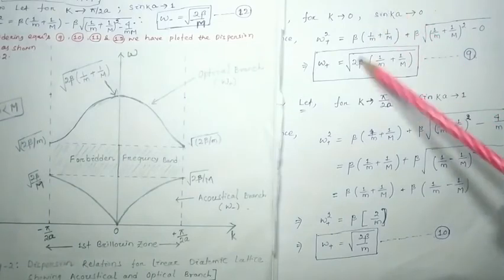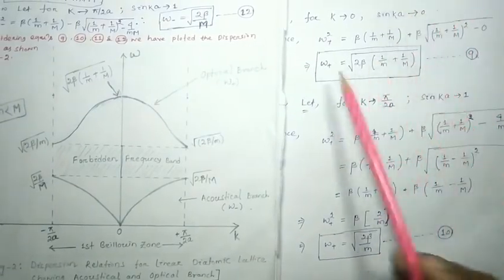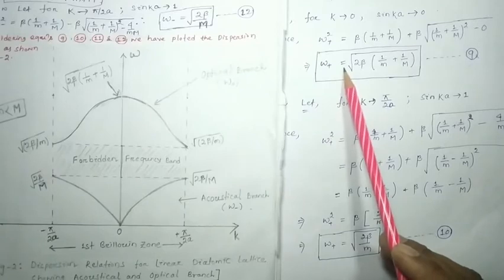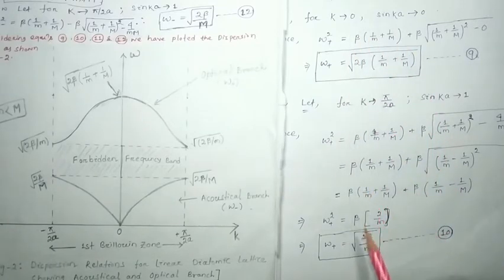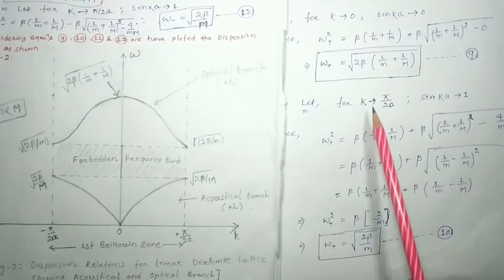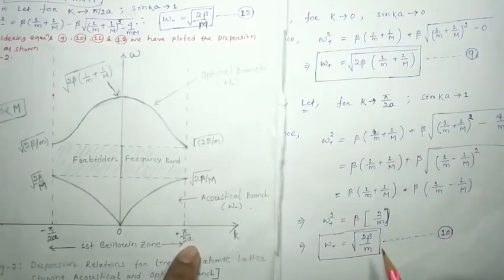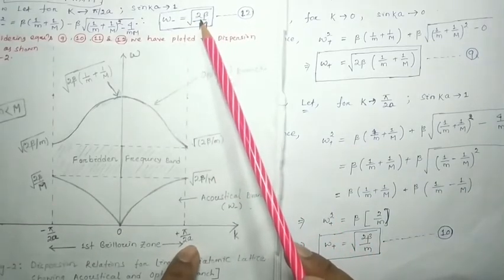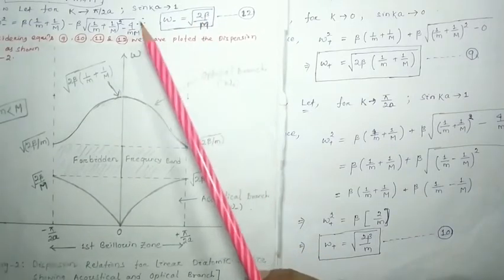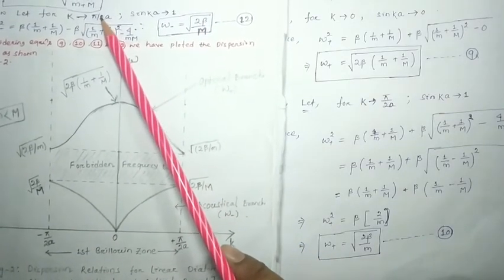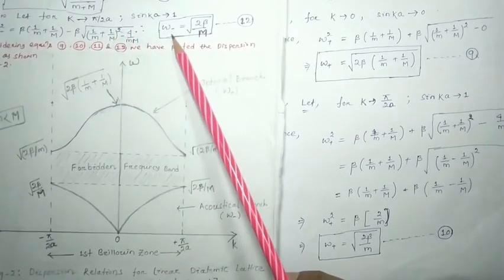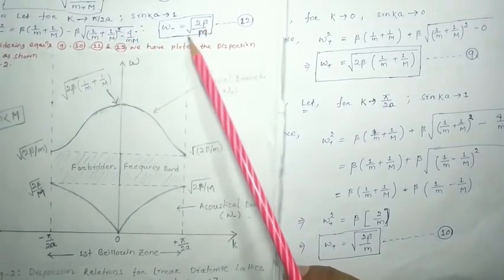So here this is your omega plus, this is omega plus at k tends to 0, and this is omega plus at k pi by 2a. So at pi by 2a, the value is 2 beta by m root over. And omega minus value at the same k equal to pi by 2a, omega minus is 2 beta by capital M root over.